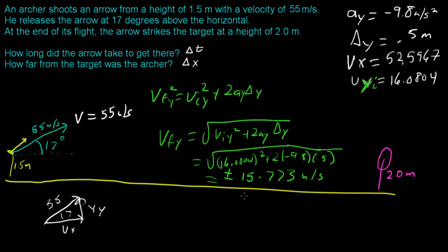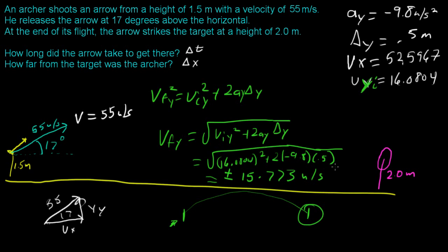Now, why did I make the point of saying plus or minus here? Well, because it matters. If it's positive 15, that means the arrow is still moving up. So we got a situation where the arrow was fired, and before gravity could make it arc down, it hit the target. Or maybe the target's over here when we hit it, and we're going 15 meters per second down in the y direction. We're going to assume we're over here.